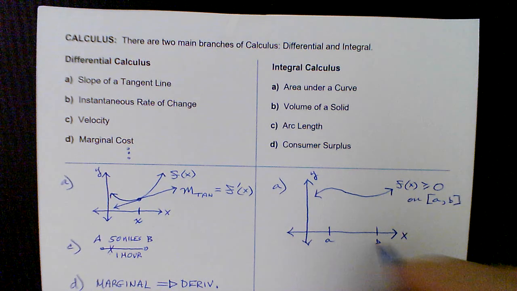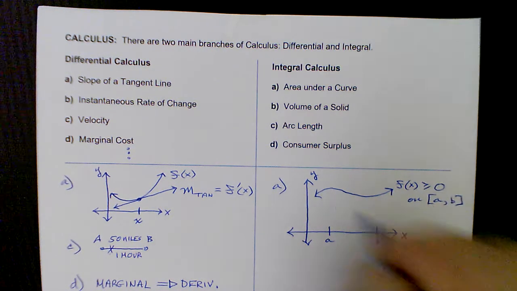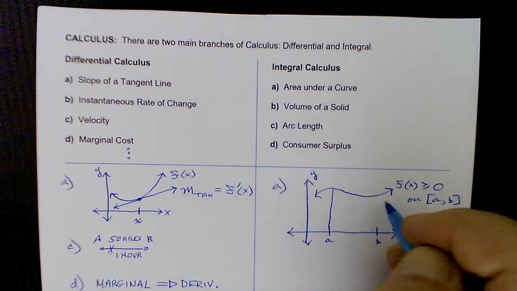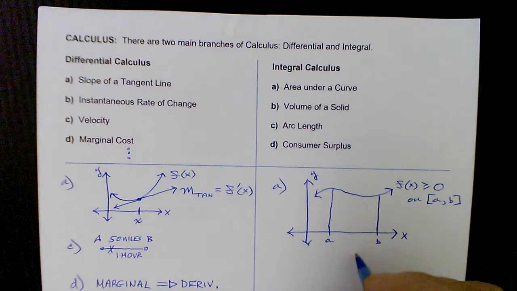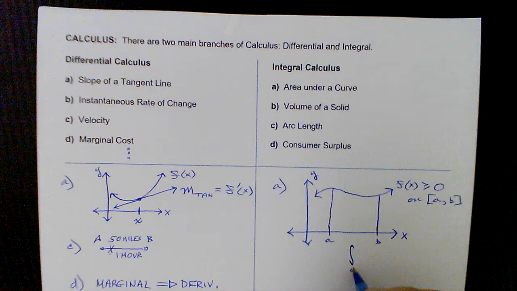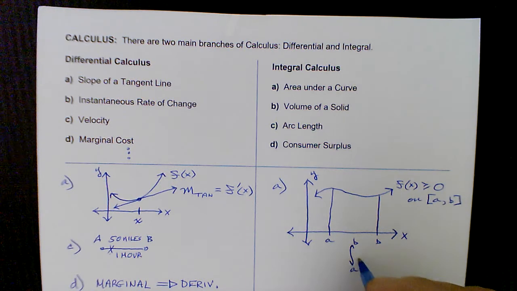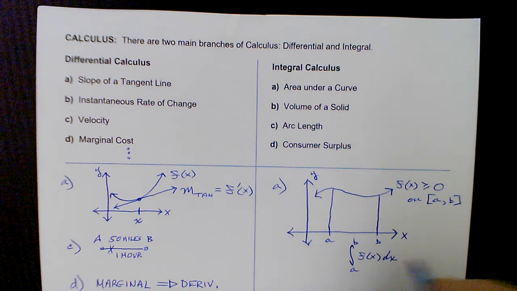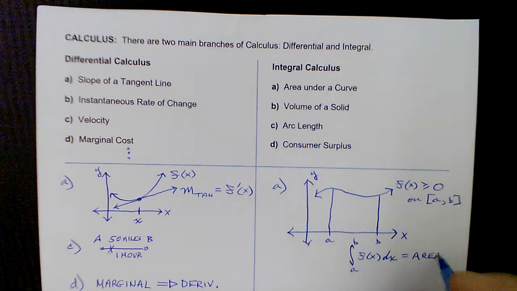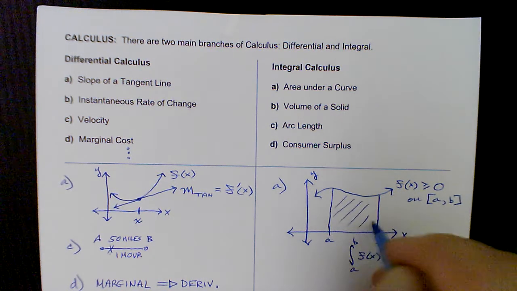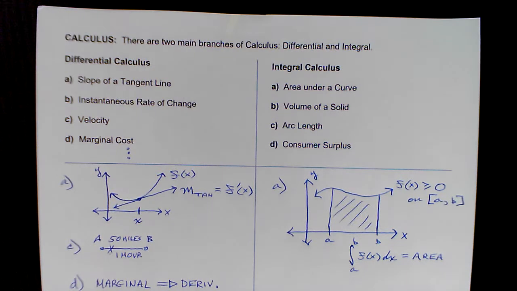So let's say this is non-negative on the closed interval from a to b, then the definite integral, recall the notation, and again we'll be reviewing this, integral from a to b of f of x, differential dx, we say with respect to x, as long as the function's not negative, that represents the area under the curve. So basically what's shaded there. So that's a classic application.